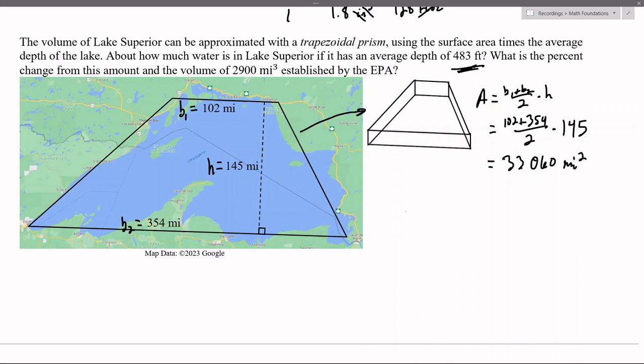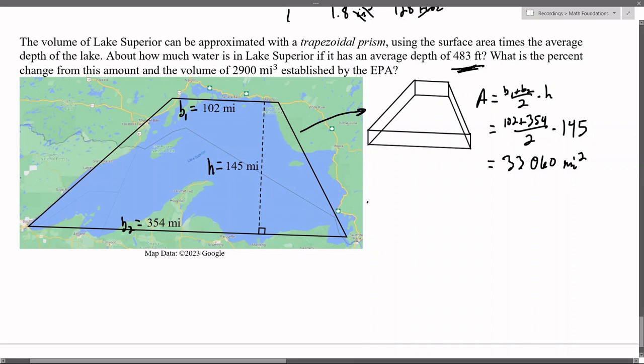Now we need to find the volume, the measurement of the volume of the water capacity in this. We're going to multiply this surface area by the depth, which is 483 feet. The issue here, of course, is that we have an area measurement of miles squared and a depth of feet. So we need to change the feet into miles so we have a miles cubed metric. That's what we want to use for the volume.